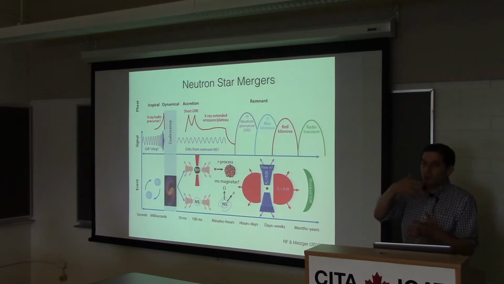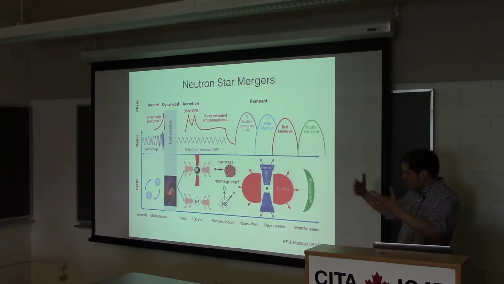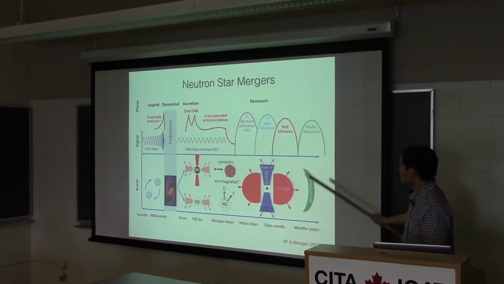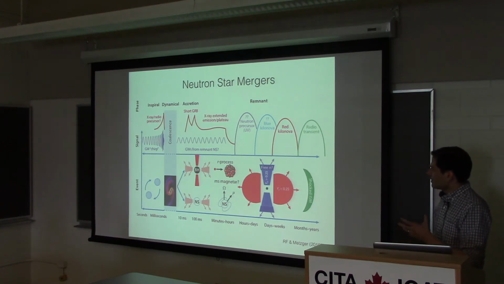There's an early blue component because at the beginning the photospheric radius is small and the temperature is high, but as the ejecta becomes transparent, most of the energy of that very neutron-rich ejecta comes out in the infrared. And that's to be expected from some very basic physical arguments about the atomic structure of these nuclei.